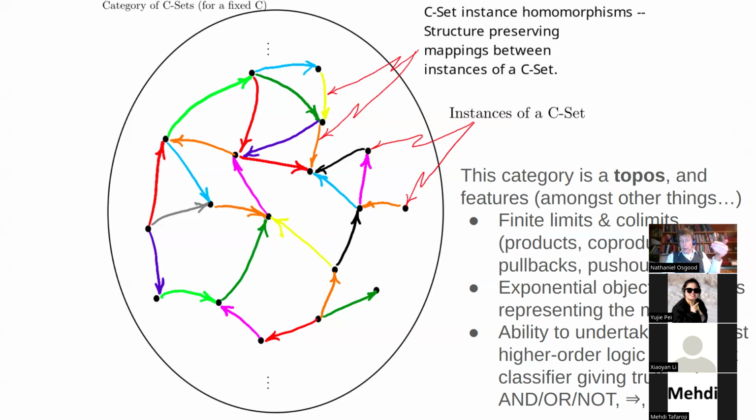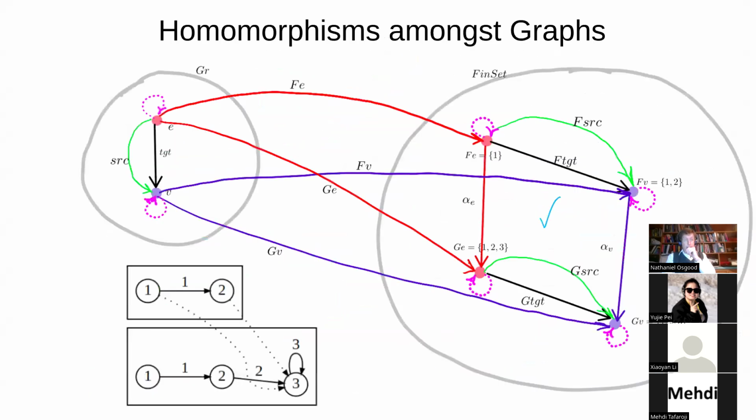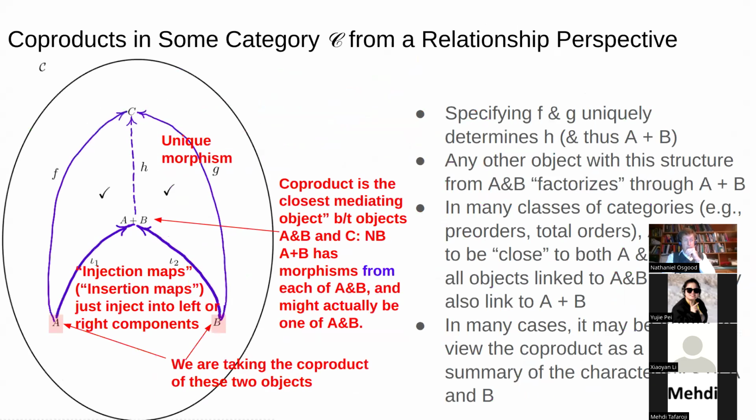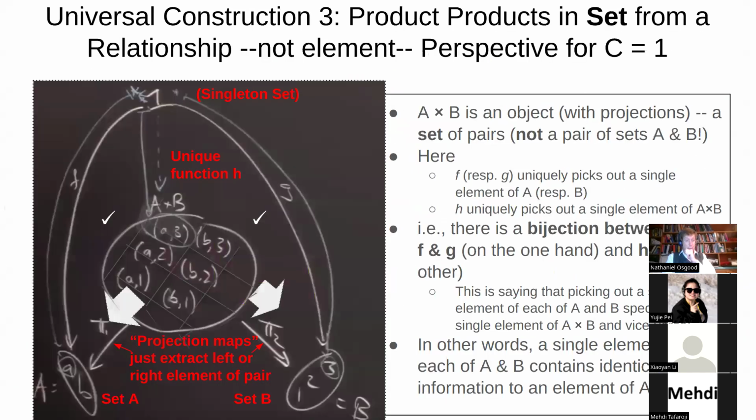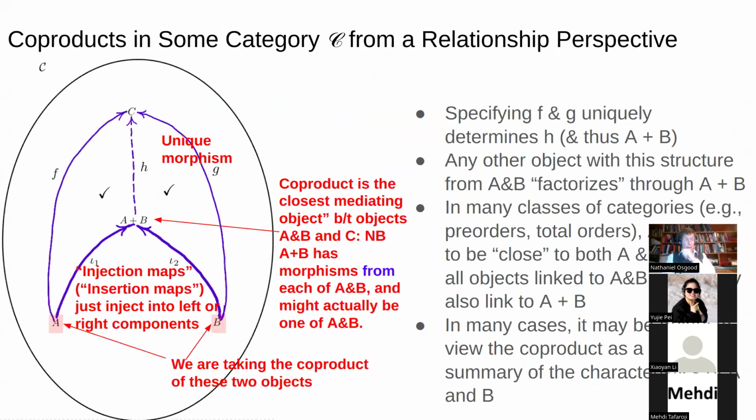categorical constructions involving this, things like when we have products, where we have coproducts. So product diagram here, coproduct diagram here, for example.